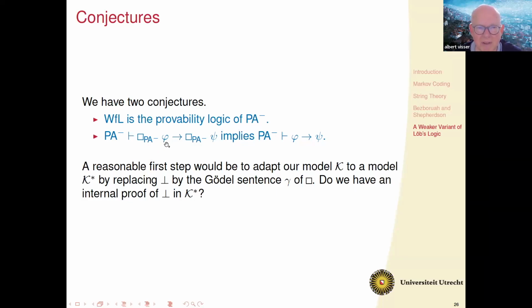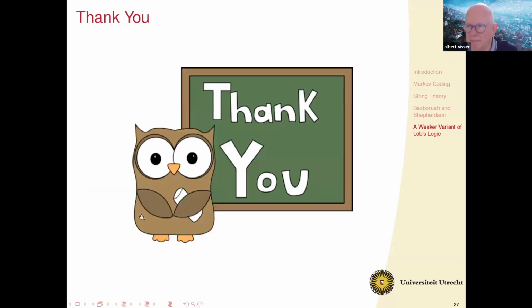But here we quantify over all arithmetical sentences, so the admissible rule for this does not follow from the same admissible rule for that one. Okay, and that's it.